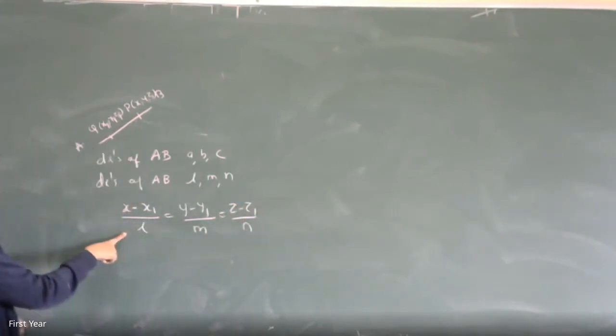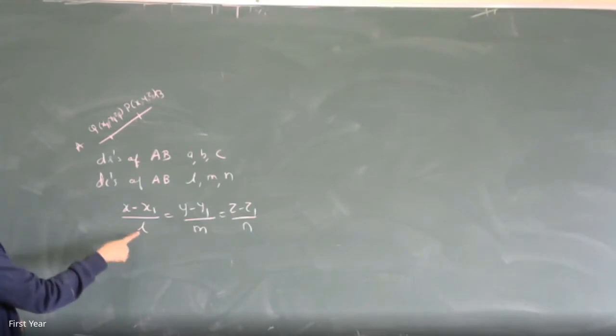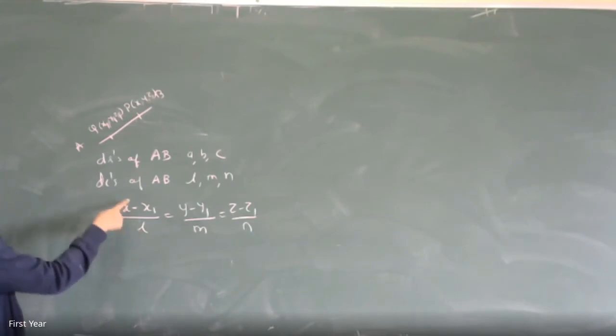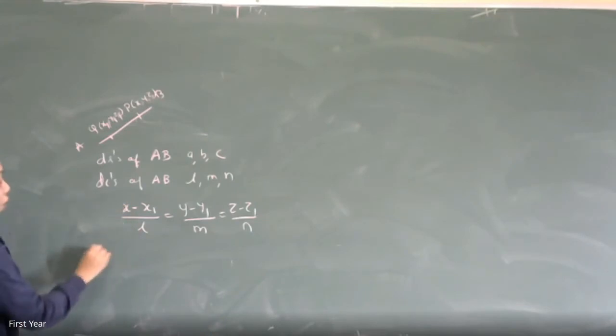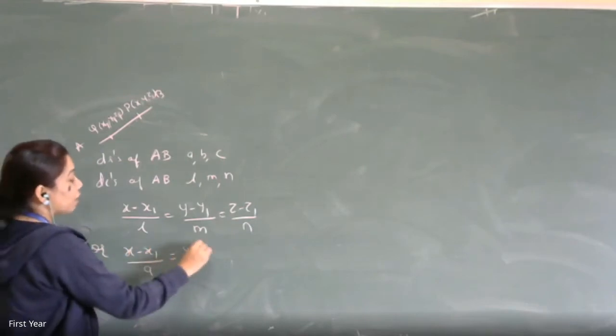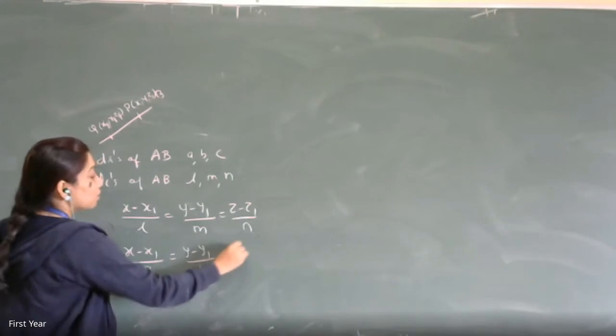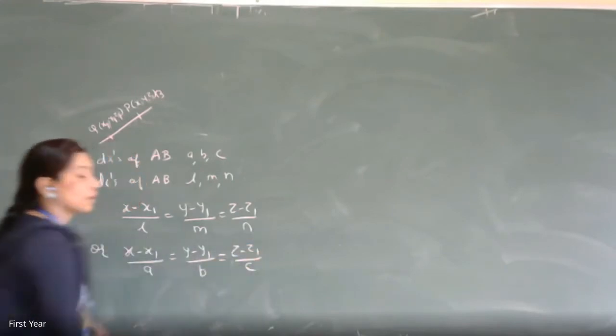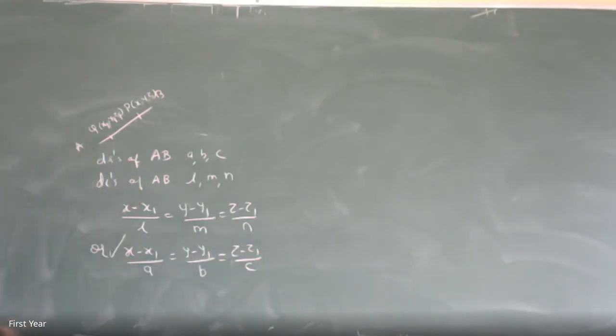This is the equation of line in symmetrical form with the help of direction cosines, which are proportional to direction ratios. Or you can also write it as x minus x1 by a equal to y minus y1 by b equal to z minus z1 by c. We will use this one. Generally, the equation that will be given to you is in ratios of direction ratios.